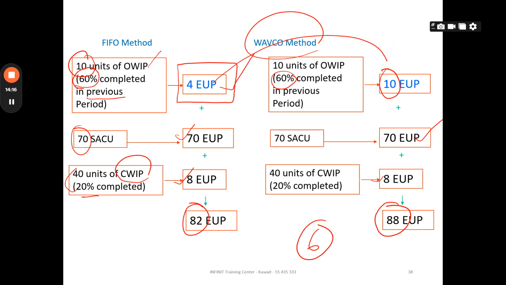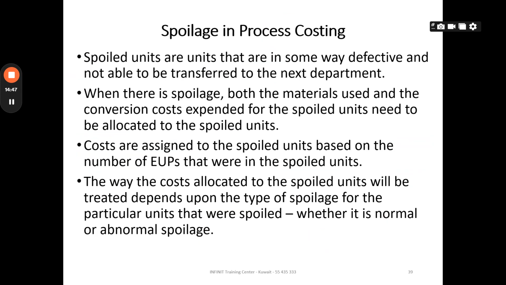So basically the difference between FIFO and weighted average cost is just due to the opening work in progress. Under FIFO, you will consider what is completed during the period only. Under weighted average, you will consider last year and this year completion. Okay, so this is how you will calculate EUP under FIFO and weighted average.